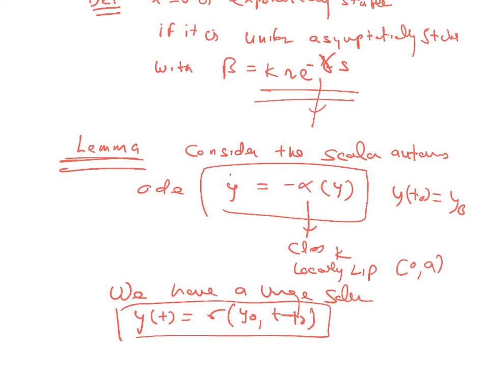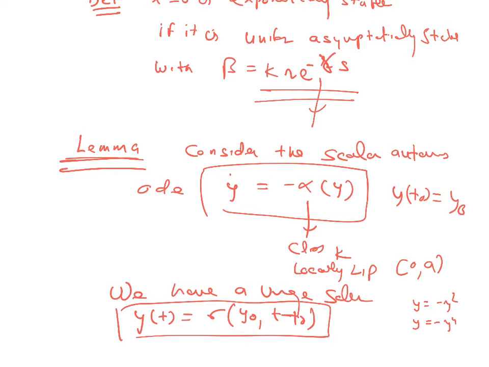If you can show that your ODE is of this form, where y dot is the negative of some class K function, which is always positive and at 0 it is 0, then you're good. Something like y dot equals minus y squared, or minus y to the fourth, or anything like this.